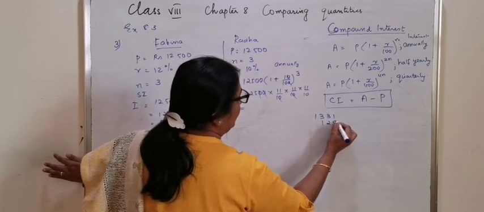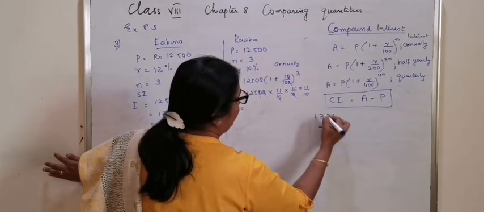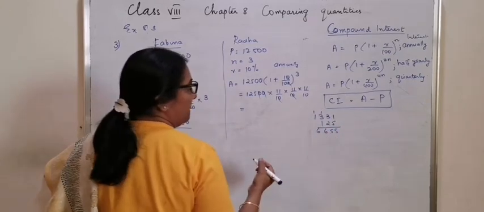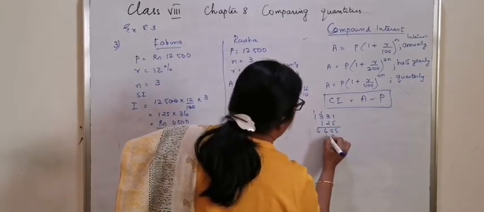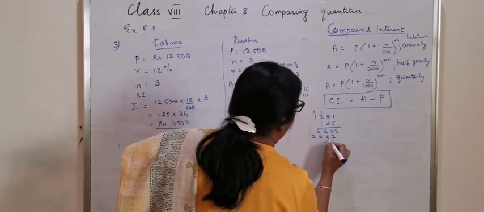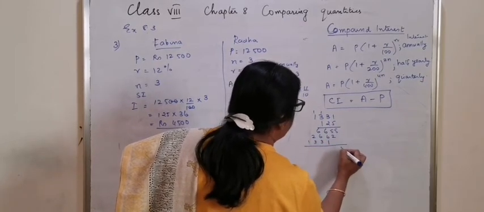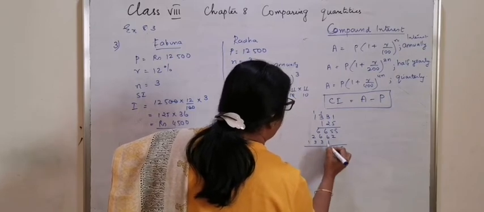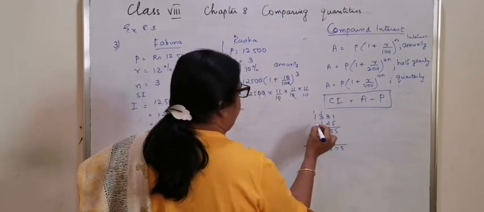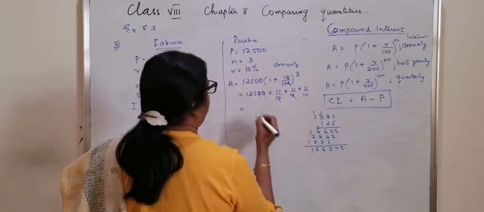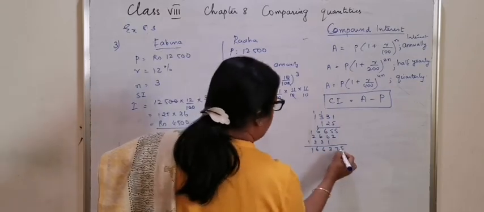1331 into 125, 15, 16, 6, 2, 6, 6, 2, 1, 1, 3 is 3, 3, 1. 12 plus 1, 13, 12 plus 1, 13 plus 3, 16, 6, 1. Divided by 10.